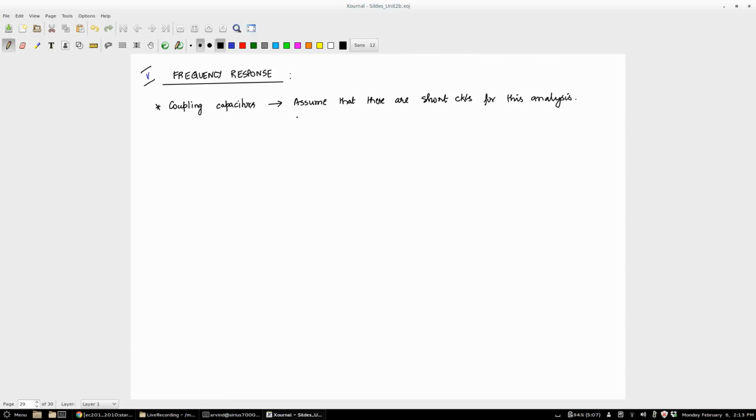For the purpose of this analysis, we will assume that these are short circuits. The analysis will become very messy already. Assume that these are short circuits for this analysis. What we are actually going to see is the high frequency response of the amplifier.